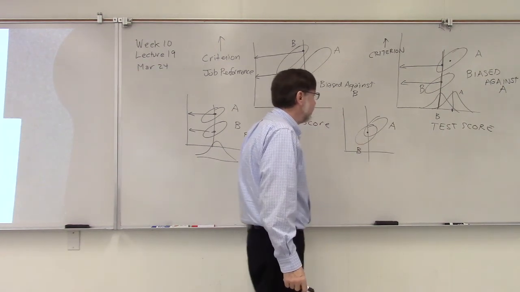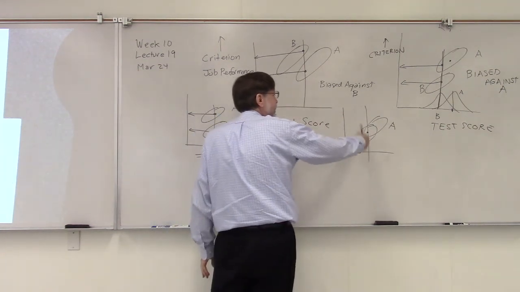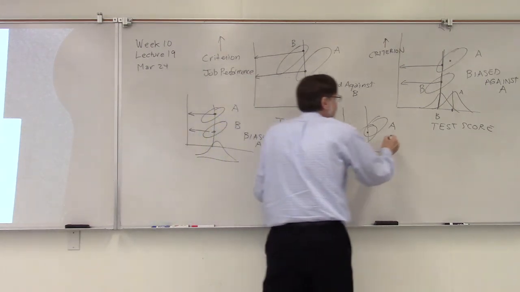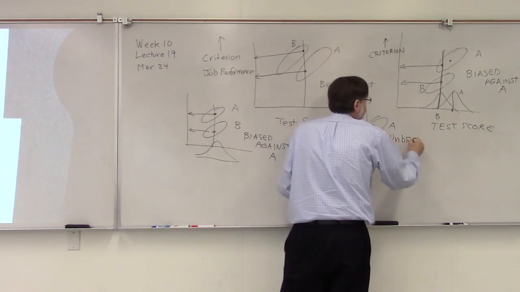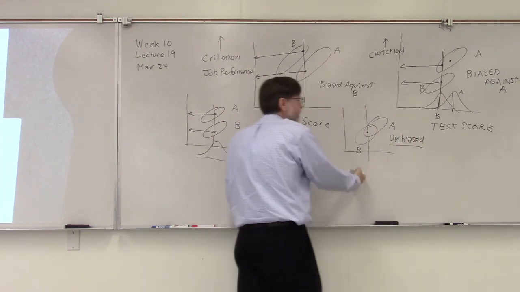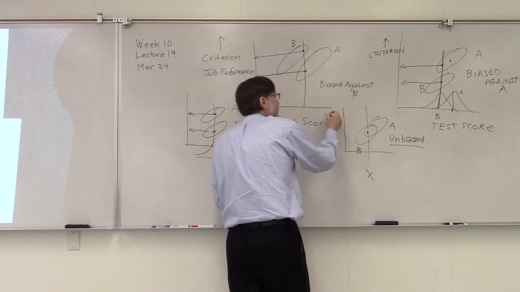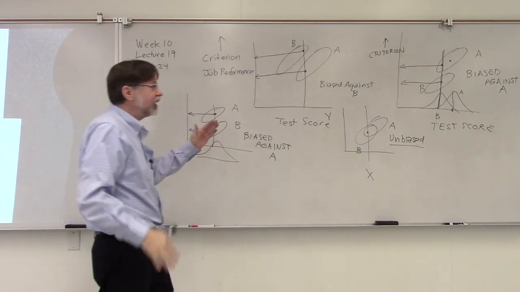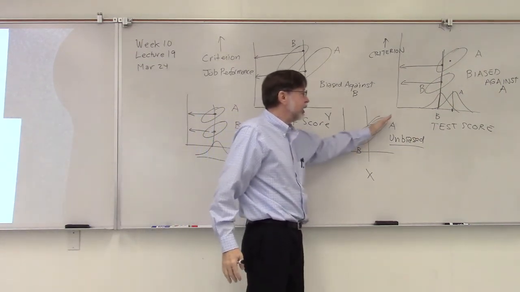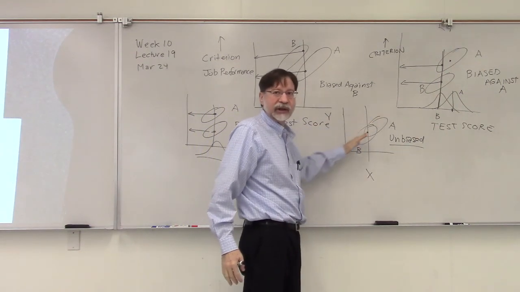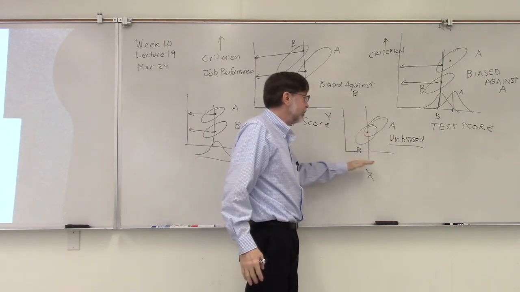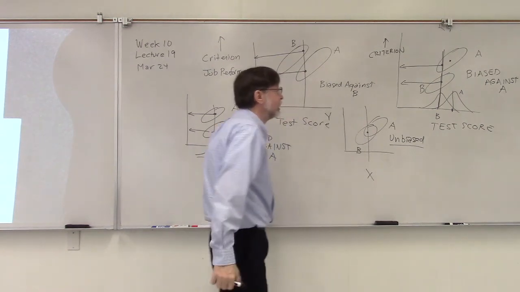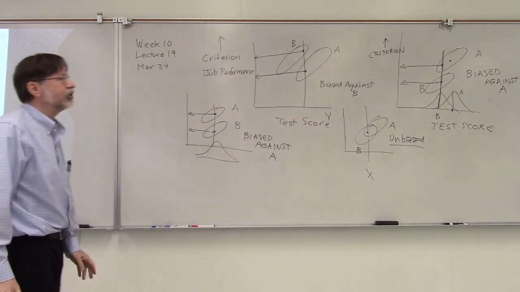There are women that should be hired, and the test in this case might be equally good for men and women. So this one is an unbiased test, even though there are group differences on both X and Y. There can be average differences, but the key is, do the two groups fall on the same regression line, basically? Do they fall on the same relationship between X and Y, even if there are group differences on both X and Y? So you need to work through these examples to understand.